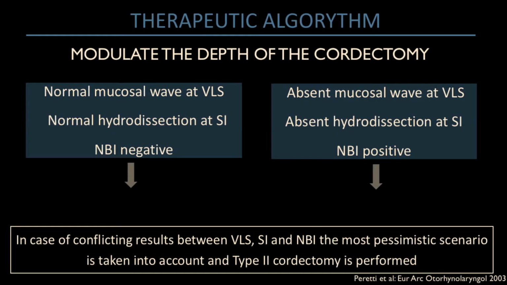So we perform this kind of algorithm. In case of erythroleukoplakia or potentially malignant lesion, when we find a normal mucosal wave at stroboscopy, normal hydrodissection, which means a complete ballooning of the lesion, and NBI negative, no suspicious atypical vascular pattern, we usually perform an excisional biopsy in terms of subepithelial chordectomy.